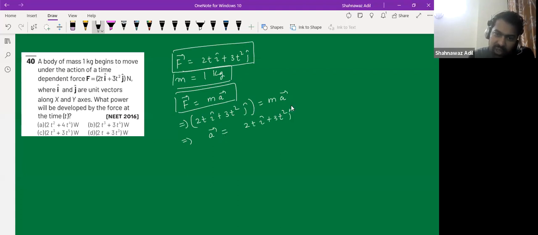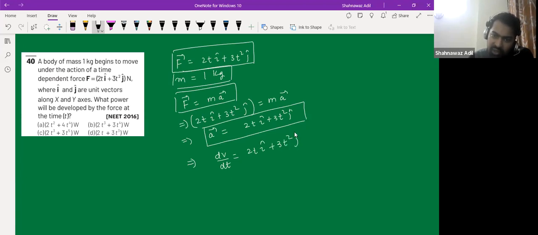So this would be the acceleration, right? And we know that acceleration is dv by dt. So dv by dt would be 2t i plus 3t square j.